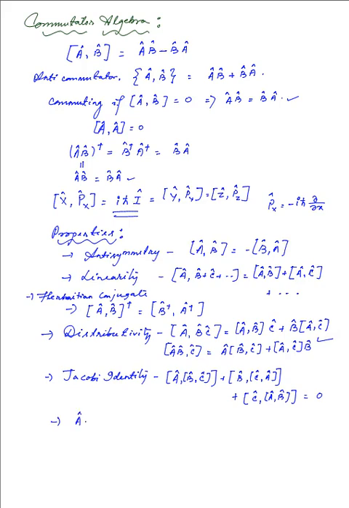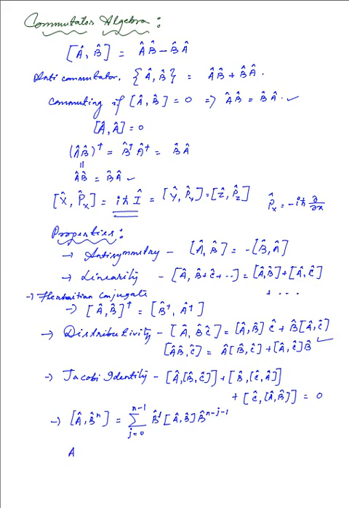So the commutator of A with B raised to the power n is going to give me the summation taken over an index j from 0 to n minus 1, where n is obviously the power of B. So we have B raised to the power j multiplied by the commutator of AB, and then we have again B raised to the power n minus j minus 1.